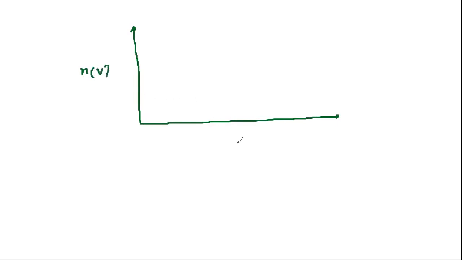I think I will use another color here, the green color. We have a plot, on this side n of v, and on this side I plot v over v_t. I will define my symbols.